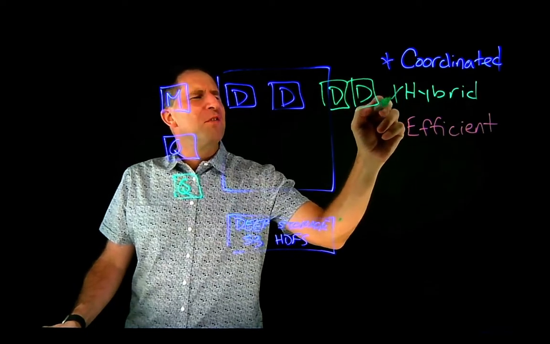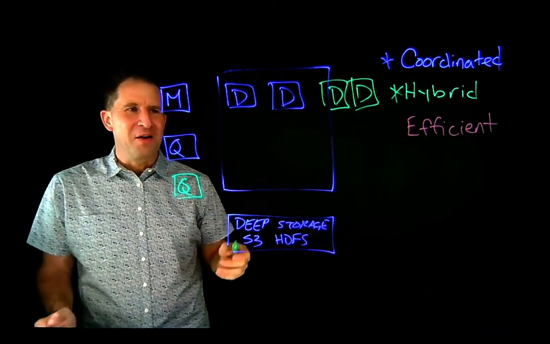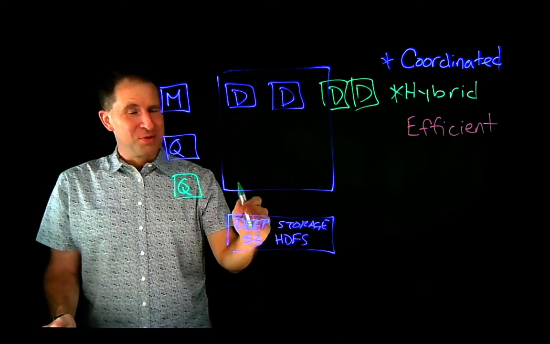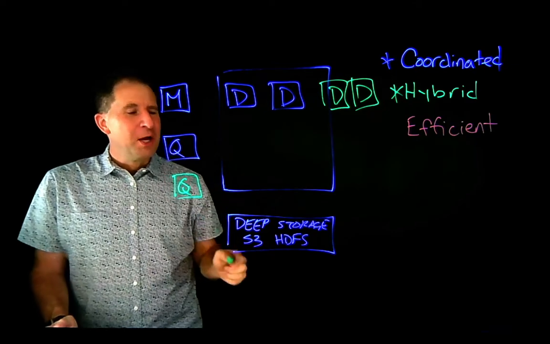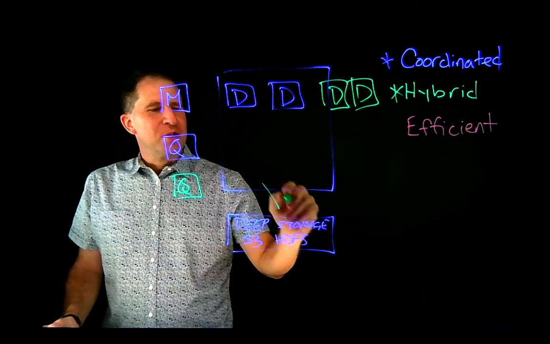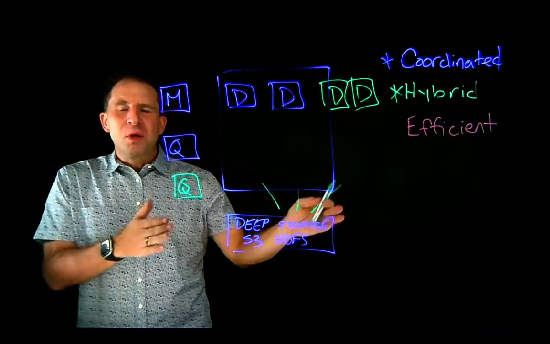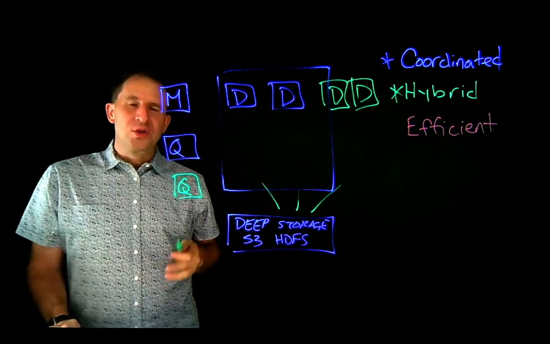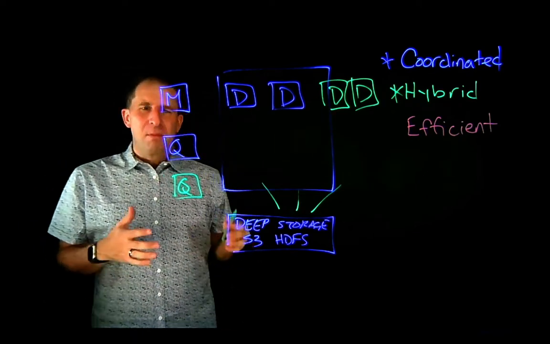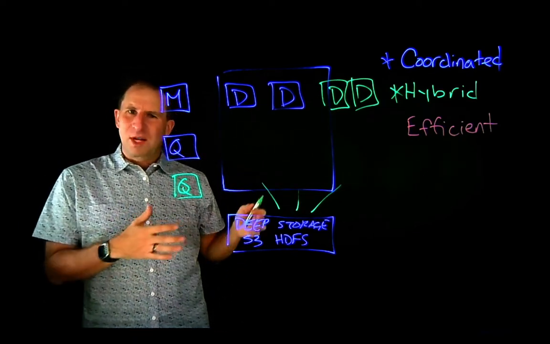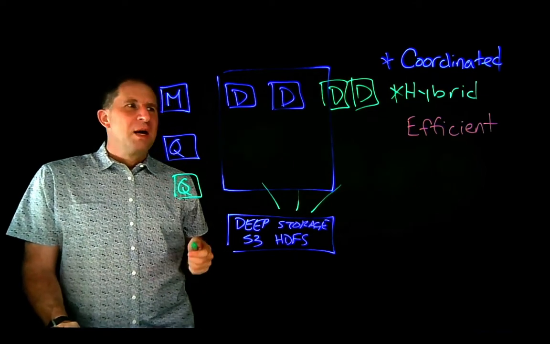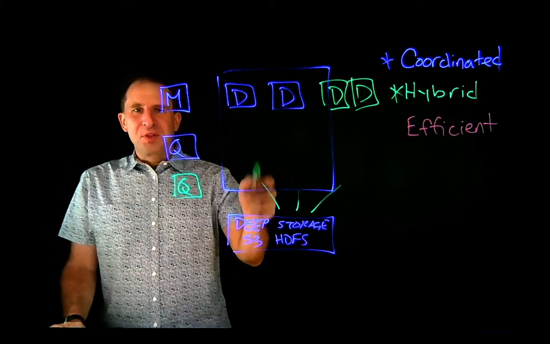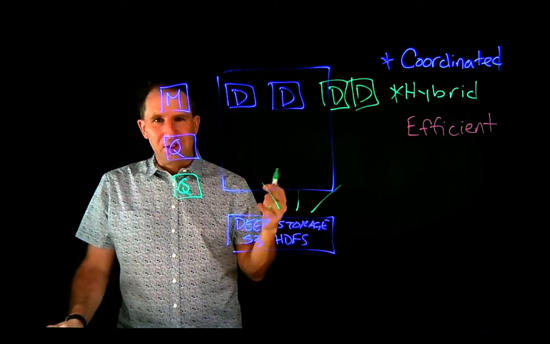And because of this hybrid architecture where we have both local components and separate storage, so this is basically separate storage and compute, we can use deep storage to redistribute the workload, rebalance the workload across these data nodes automatically, something that our major competitor cannot do. They require downtime and manual effort. But in order to scale out to meet the needs that you'll have in the future, it helps to have this hybrid architecture. It gives you the flexibility.